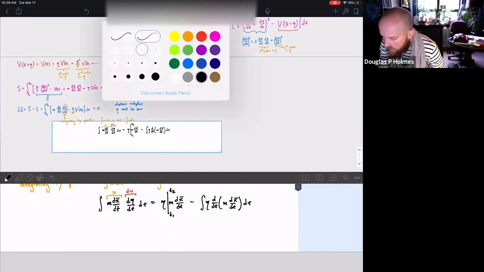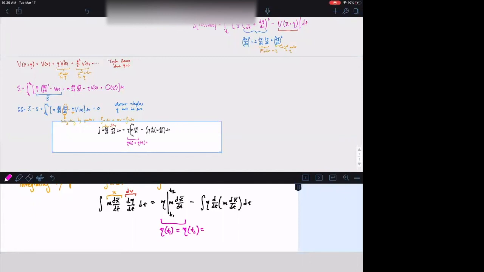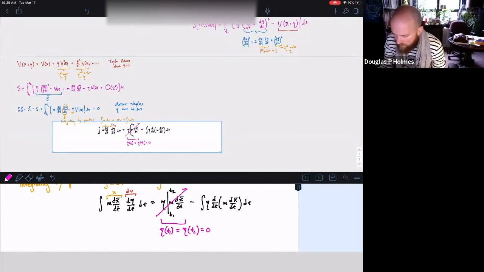So this term we can deal with really quickly. What was the first thing I said when I drew up those pictures of the trajectories? What is eta at T1 and eta at T2 equal to? If you can't remember, go back up and look at the picture. 0. Yeah, it's equal to 0. So this term goes away. So that's nice.